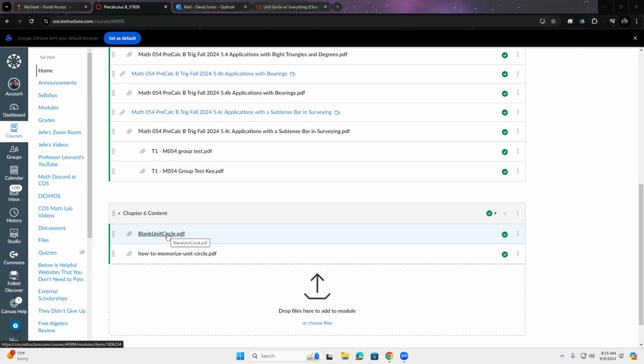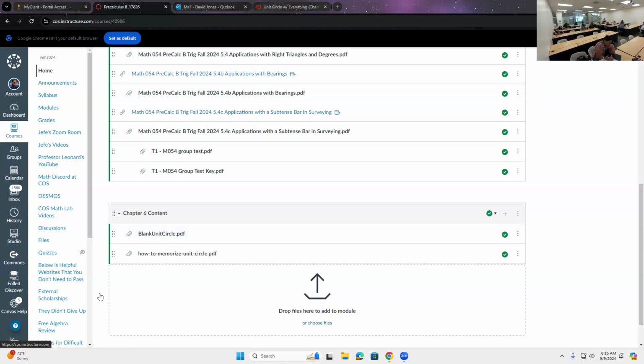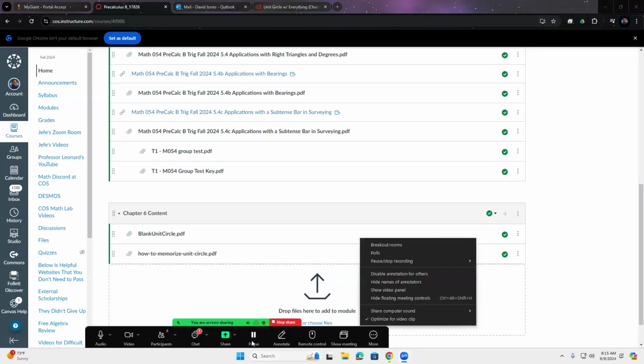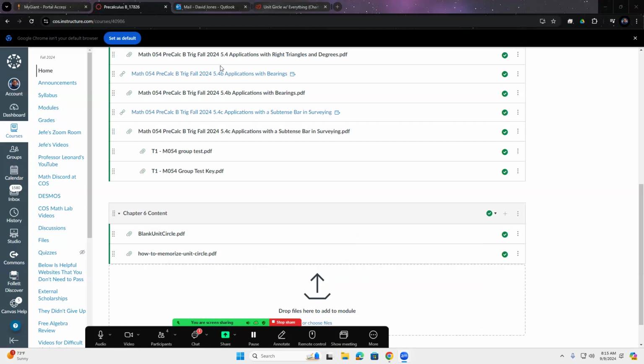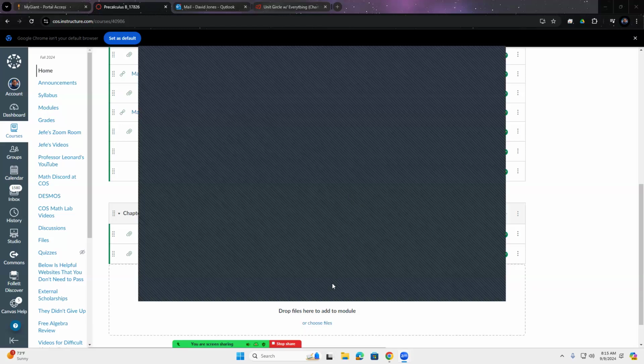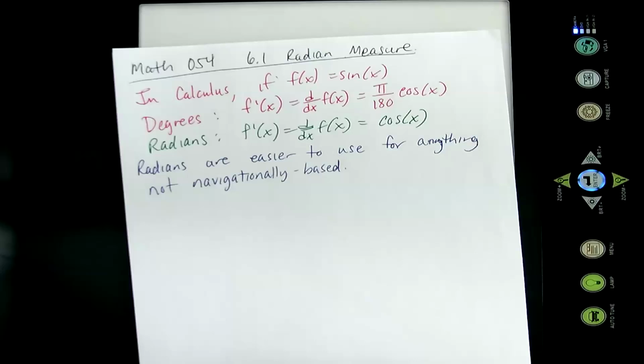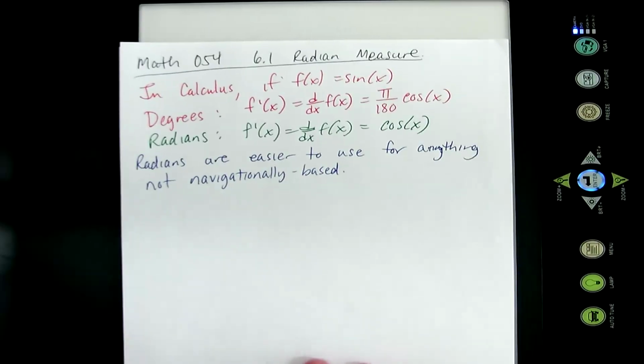Oh, Professor Jones. I have not switched over for you. How about them apples? I was going to let everyone know that on the Pearson program, if they wanted extra practice, you can go to study tools, go into the chapters, and go to the section.